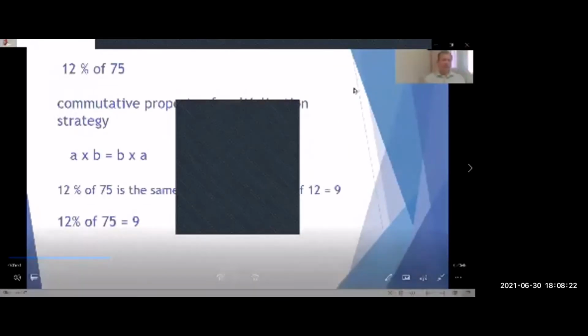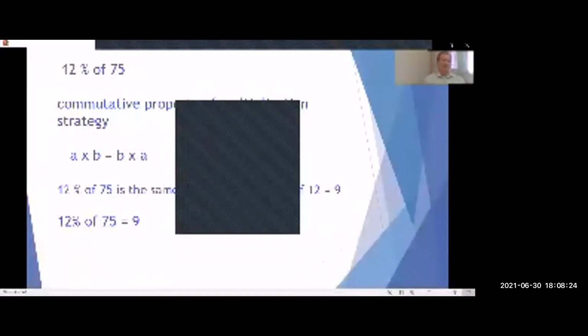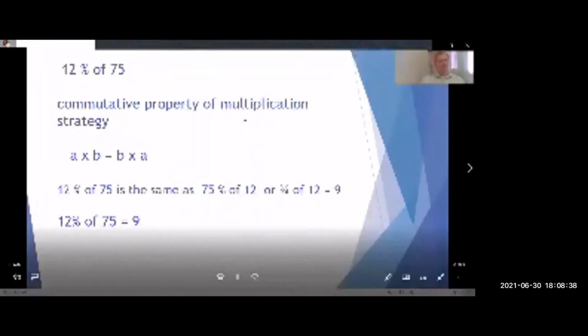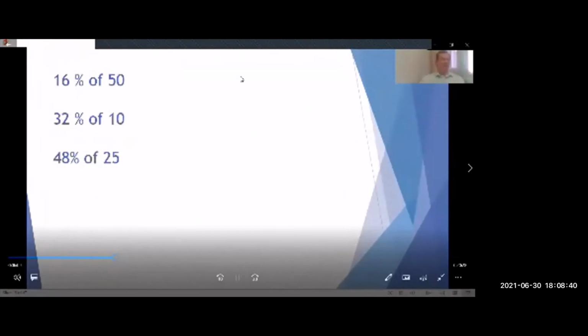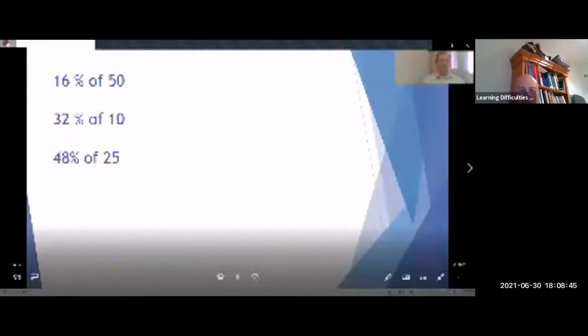The next problem involves basically recognizing the commutative property of multiplication. So we know that A times B is the same as B times A. So 12% of 75 is the same as 75% of 12, or 3/4 of 12 is equal to 9. So in these following examples, using that property, we can just simply swap.